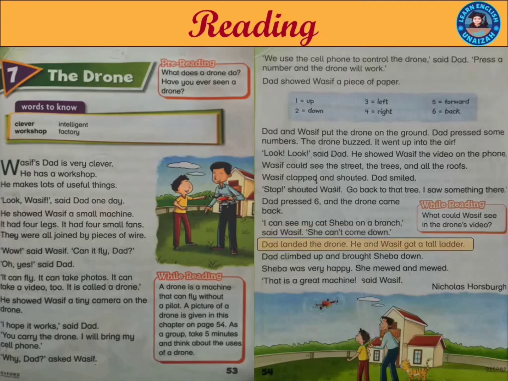Dad landed the drone. He and Wasif got a tall ladder. Dad climbed up and brought Sheba down. Sheba was very happy. She meowed and meowed. That is a great machine, said Wasif.